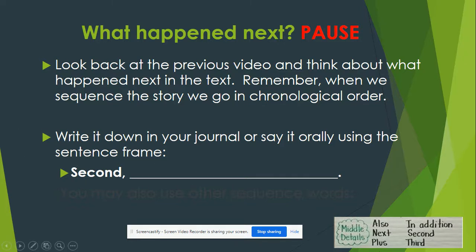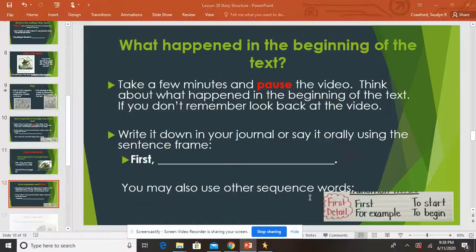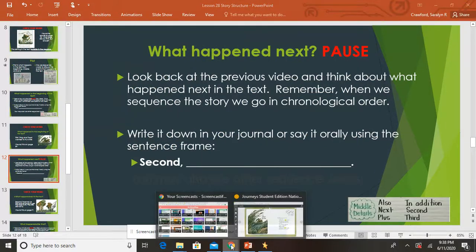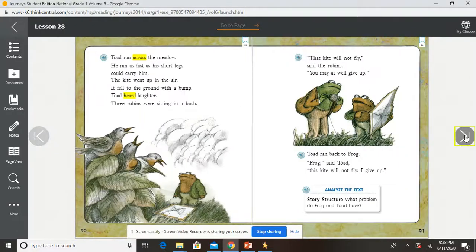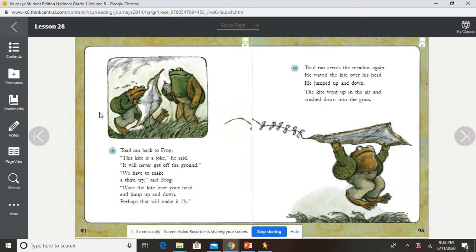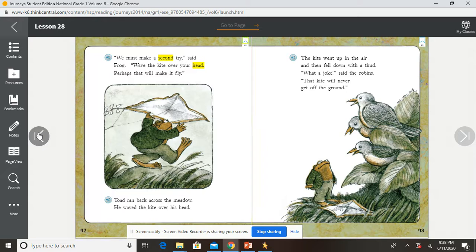Remember, you could also use these other transition words: also, next, second. So let's look back at our story, and I want you to think, what happened next in our text, or what happened second? And remember, your detail could be different than mine, and that's okay, as long as you have it in order.